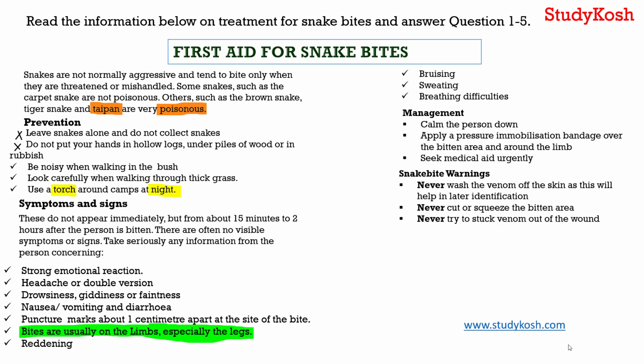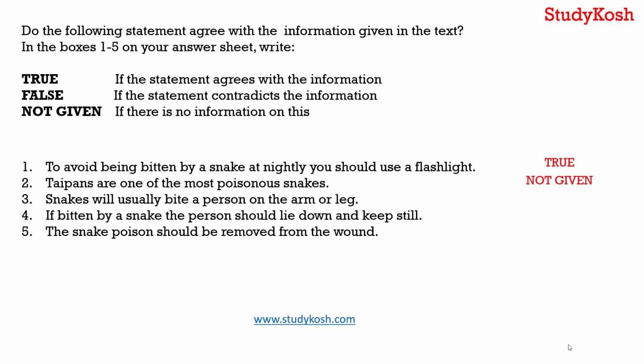Students, the meaning of limbs is an arm or a leg. So instead of arm and leg clearly, we are given the word limbs in our paragraph. So this information is available in the paragraph. So our answer to this statement, snakes will usually bite a person on the arm or leg, is true. This statement agrees with the information.